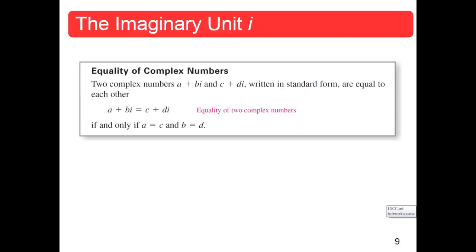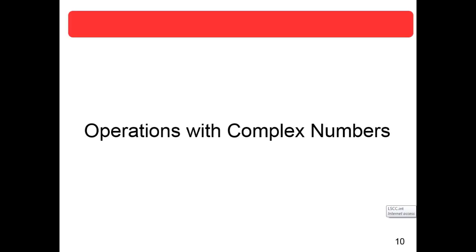Okay? That's the only way these two could be the same. Now, they may look different, like this may be 2 plus 7i, and this could be 4 halves plus 7i. Well, A and C are the same. They have the same value. 2 is equal to 4 halves. So they may not look alike, but they have to be the same.